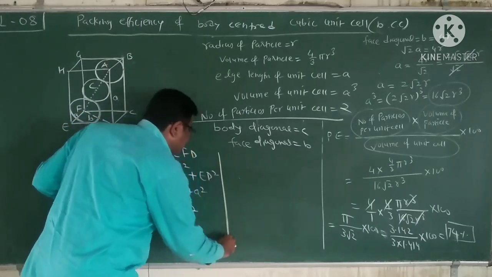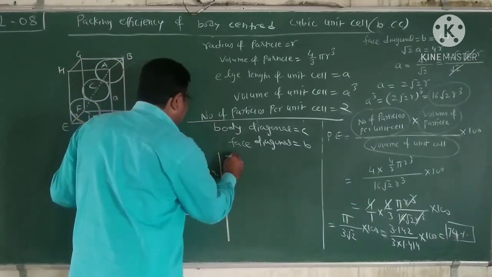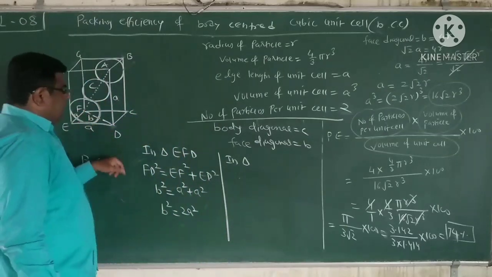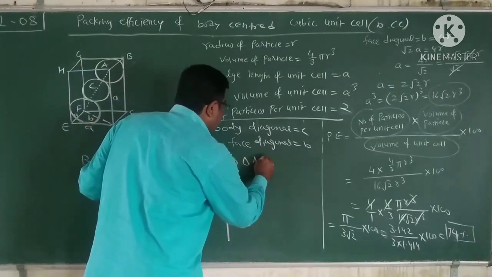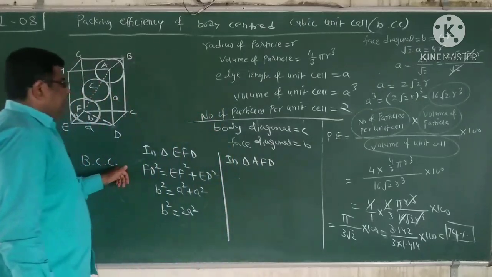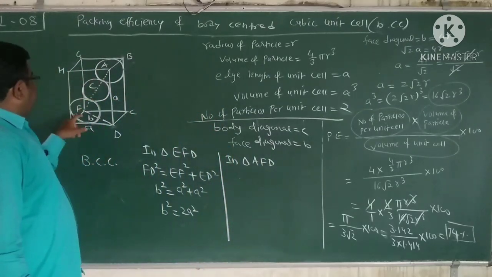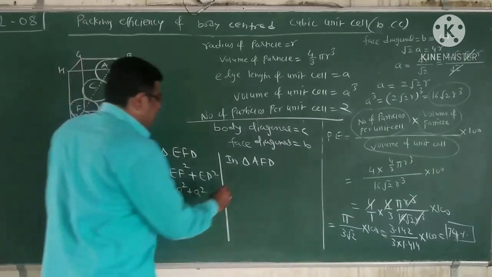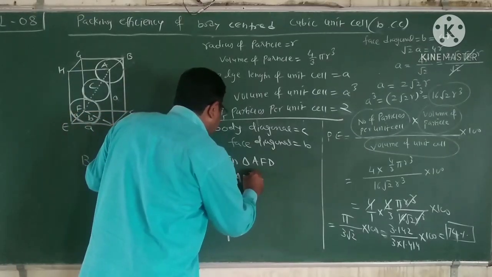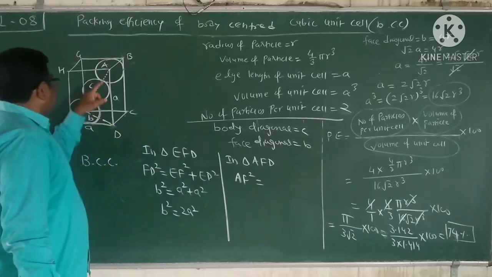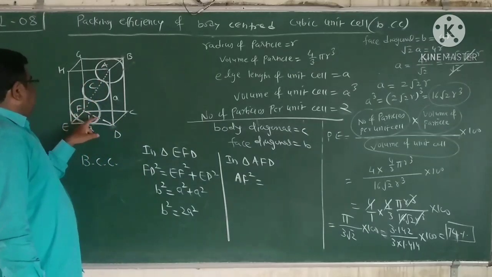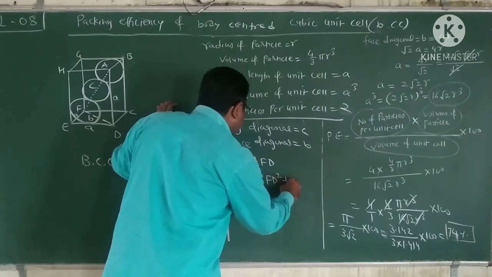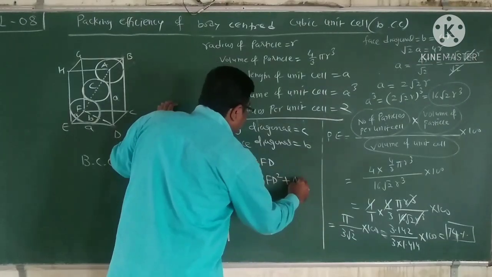Now we'll use another triangle. In triangle AFD, AF square, again using the Pythagoras theorem, AF square is equal to FD square plus AD square.